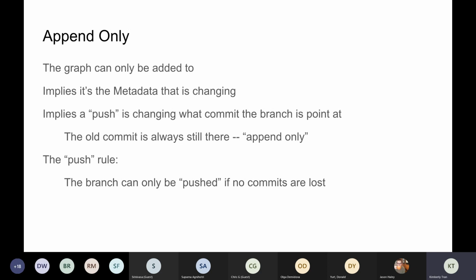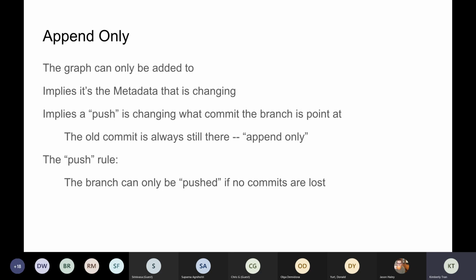Okay, so more notes on the append only. Since the graph can only be added to, this implies that it's the metadata that is changing. So when you do a git push, what you're doing is changing what commit the branch is pointing at. You're not changing the graph itself.